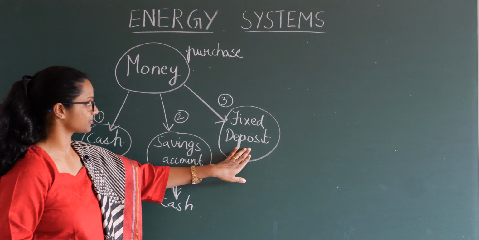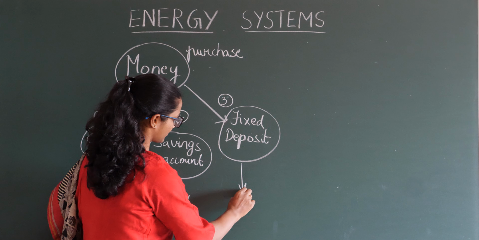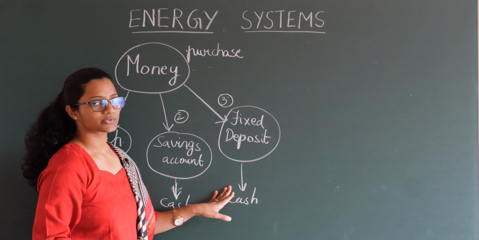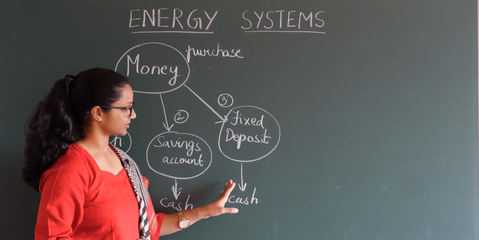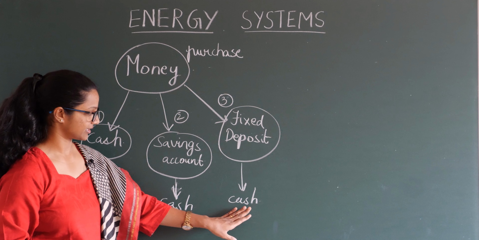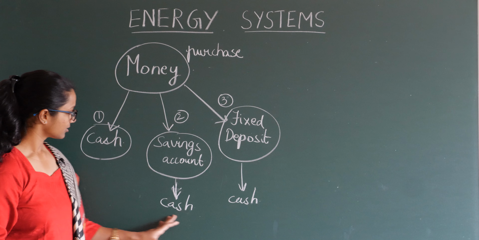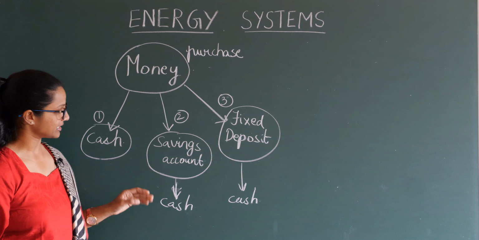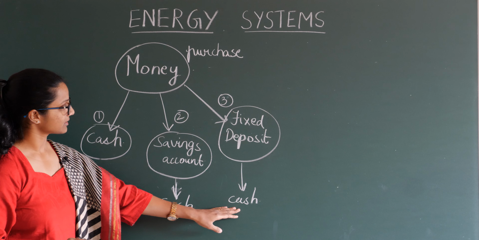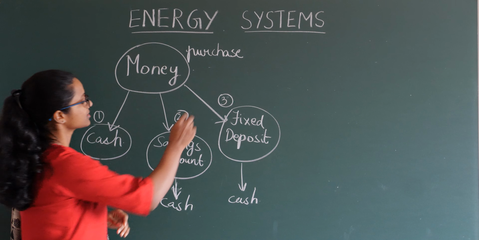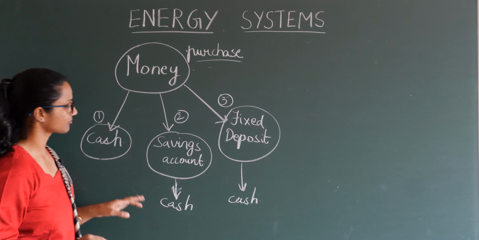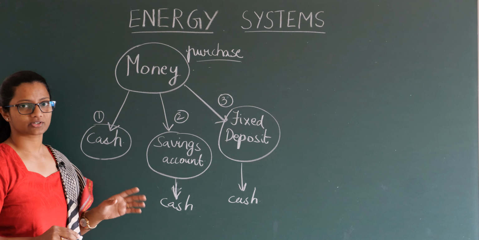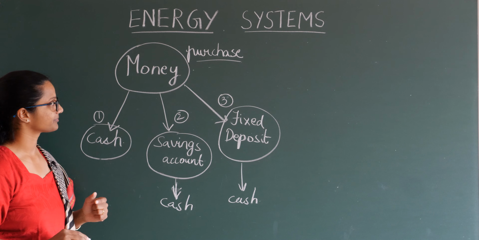He breaks his fixed deposit and he collects the money in the form of cash. Now he collects the cash from all the three forms of money that he has in total, and then he uses it to make his purchase. Now this is a very simple example to make this concept very simple to understand.